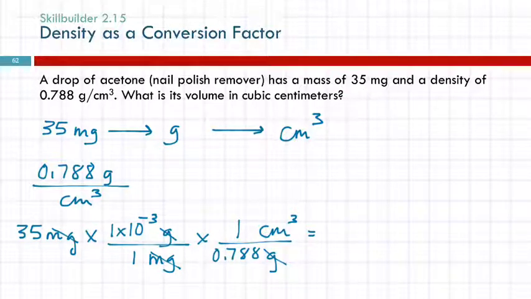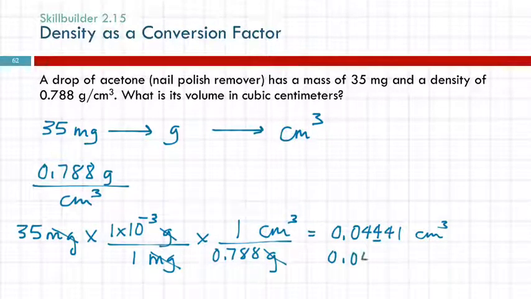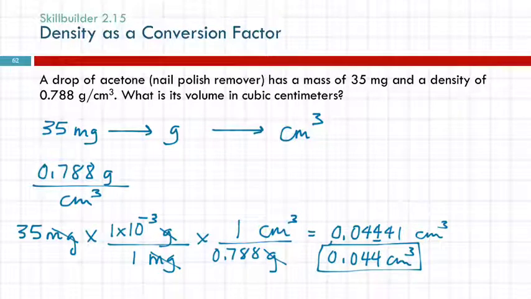So 2 sig figs. So I'm going to get 0.0. Those zeros are not sig figs. 4, 4. There's my 2 sig figs. And then write down 2 more digits. Unit is cubic centimeters. So then when I round it, I get 0.044 cubic centimeters. Any questions?